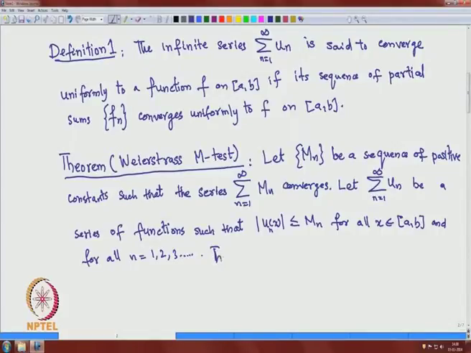Then the conclusion is, then Weierstrass M test says, then the series un, n goes from 1 to infinity, converges uniformly on the interval [a, b].